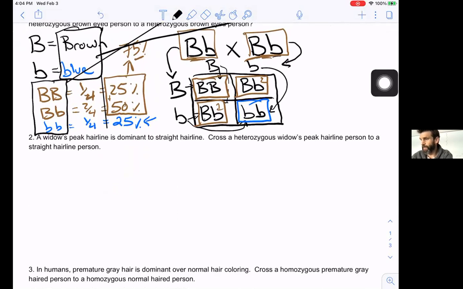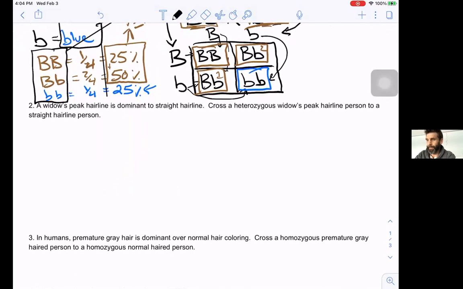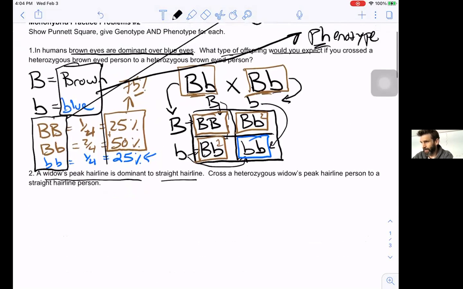Okay, so here's one that we did in the discussion, the office hours afterwards. A widow's peak hairline is dominant to straight hair. So a widow's peak, I'll just draw it up here really quick, is, here's my person here. Oh yeah, that's a great looking person.